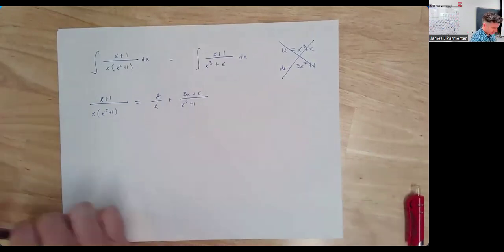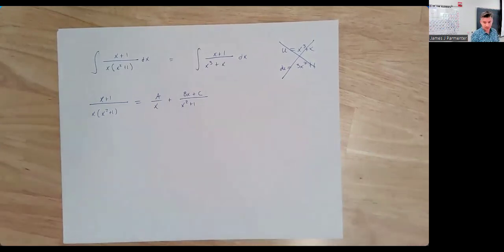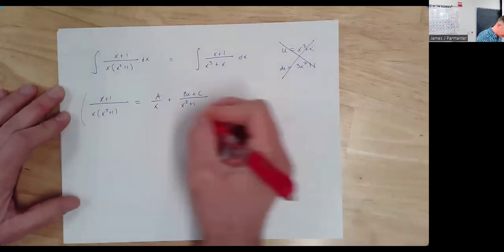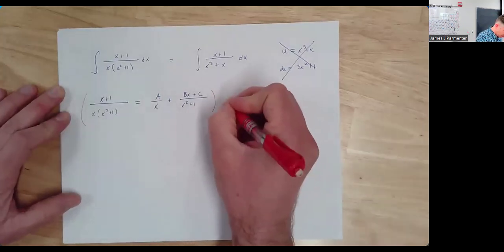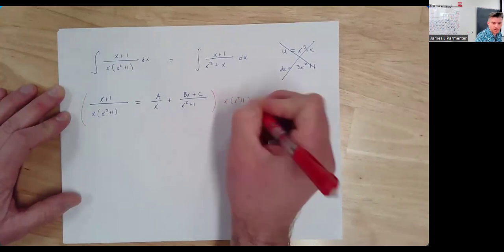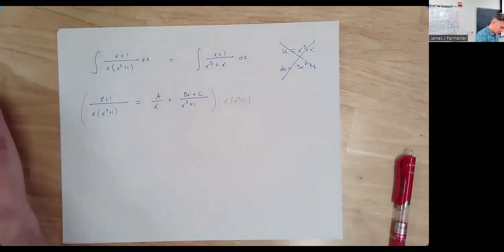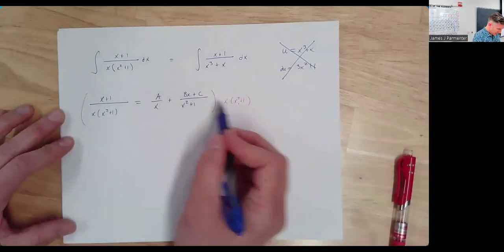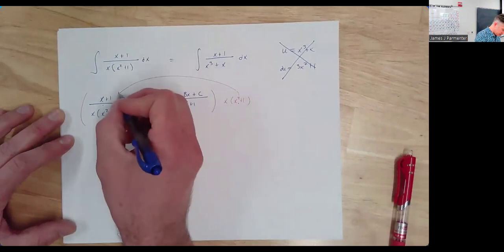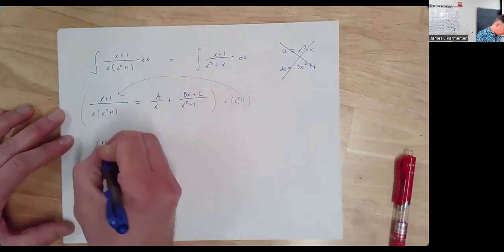So here, the process is still going to be the same after this. We're going to multiply both sides by the common denominator. I hope I picked one. Let me just double check one thing here. Okay, good. So multiplying that through, this times that, we're always just going to get the numerator. We get x plus 1.